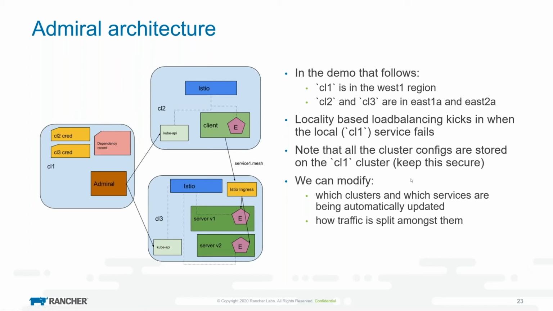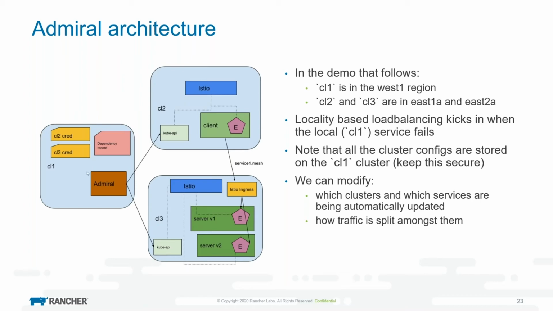What I'm going to show you today in a couple minutes is that CL1 is in the West region. It has a service. That service is replicated to CL2 and CL3, which are in East 1A and East 2A. And there's something called locality-based load balancing that you can make use of when you're doing a multi-cluster installation.